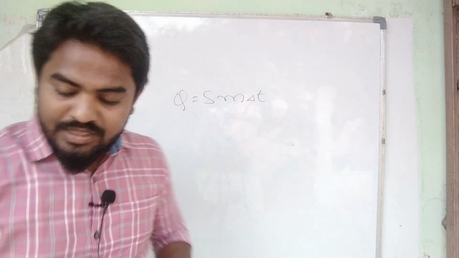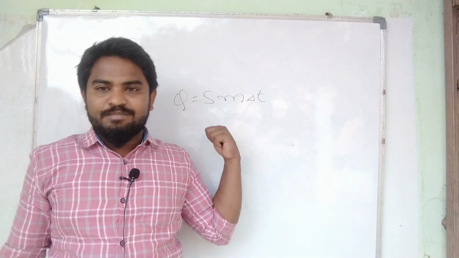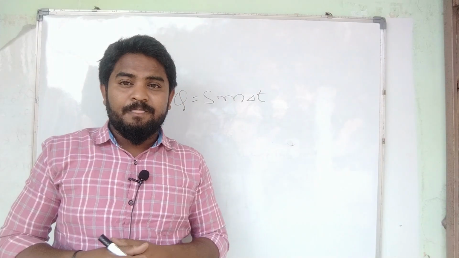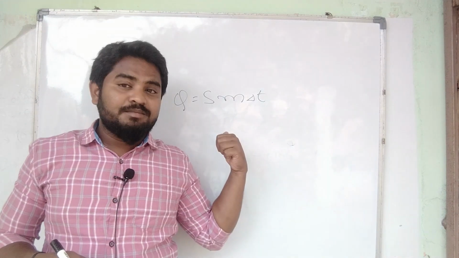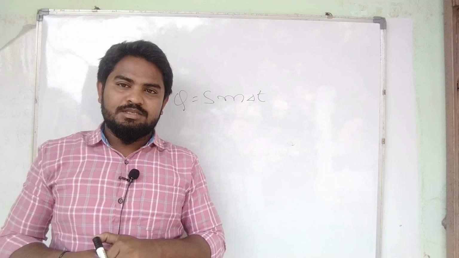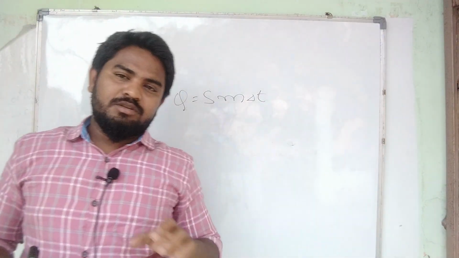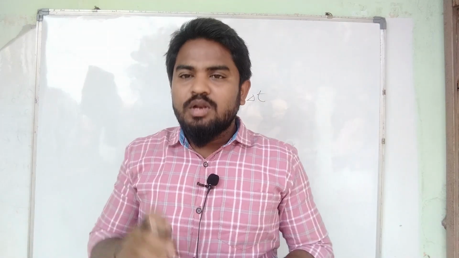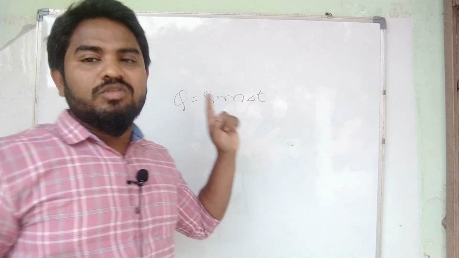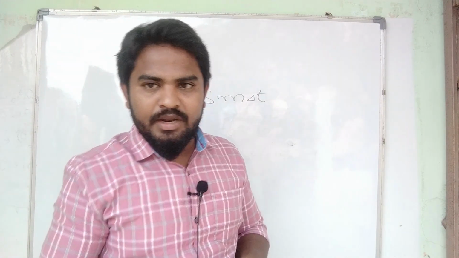Here Q is the heat energy lost or gained by the substance. s is the specific heat of the substance. It's a constant for a substance, right? m is the mass of the substance. And delta T is the change in temperature of the substance. Based on this formula we are going to solve all the problems, right?